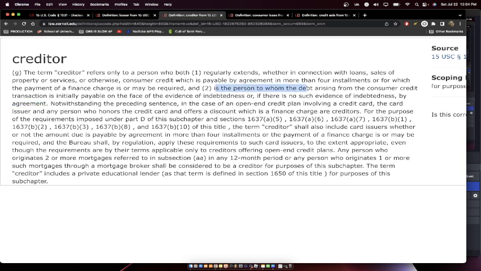The person to whom the debt is initially payable by agreement. Or in the case of an open end credit plan involving a credit card, the card issuers are creditors. Okay? That's it.